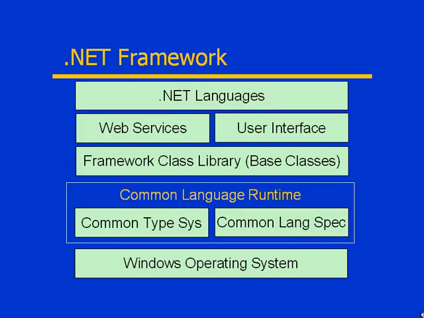We have classes that represent the underlying data types. We have classes that represent window objects and control objects and web objects. So the framework class library is basically a set of abstractions of all of the elements and interfaces that we're going to use when we build our applications.